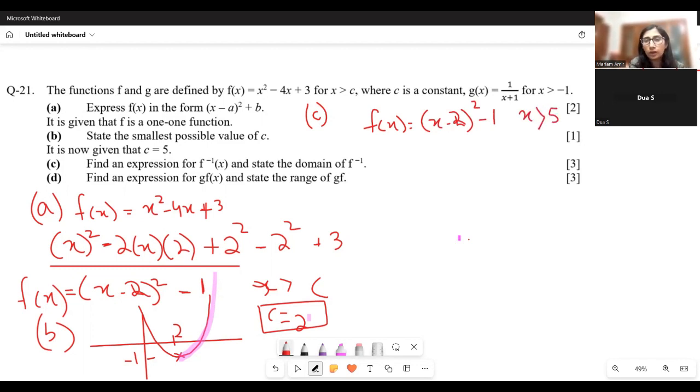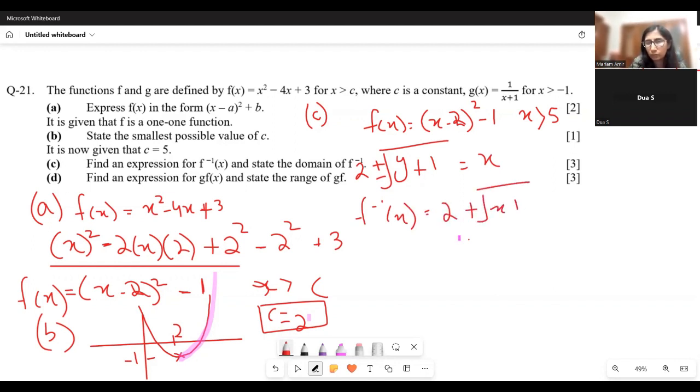Let's find its inverse. It's going to be y + 1 equals (x − 2)², so the square root of y + 1, plus or minus, and moving the 2 to the other side, plus 2, equals x. So f inverse of x is 2 + √(x + 1). That's f inverse of x.